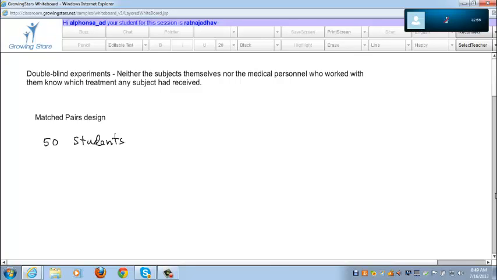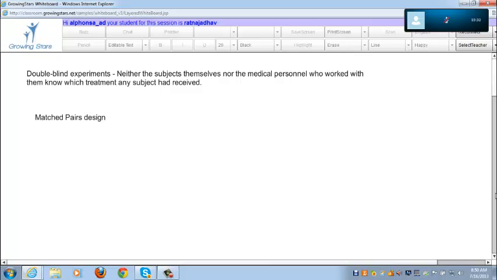So you have two scores, one before the coaching and one after. You can compare the effects of before and after scores for all the same students. All the students took both the treatments. So this is called a matched pairs design. We can compare two treatments if all the subjects or units take both the treatments.